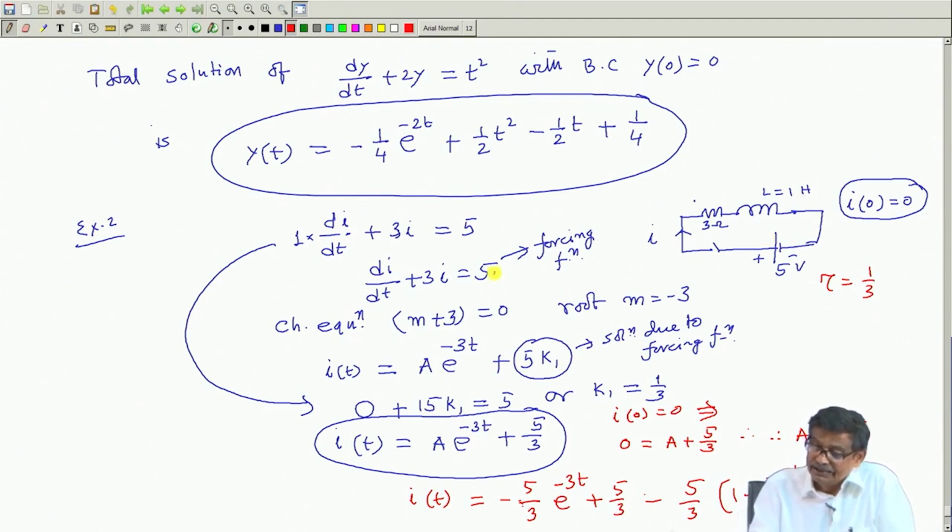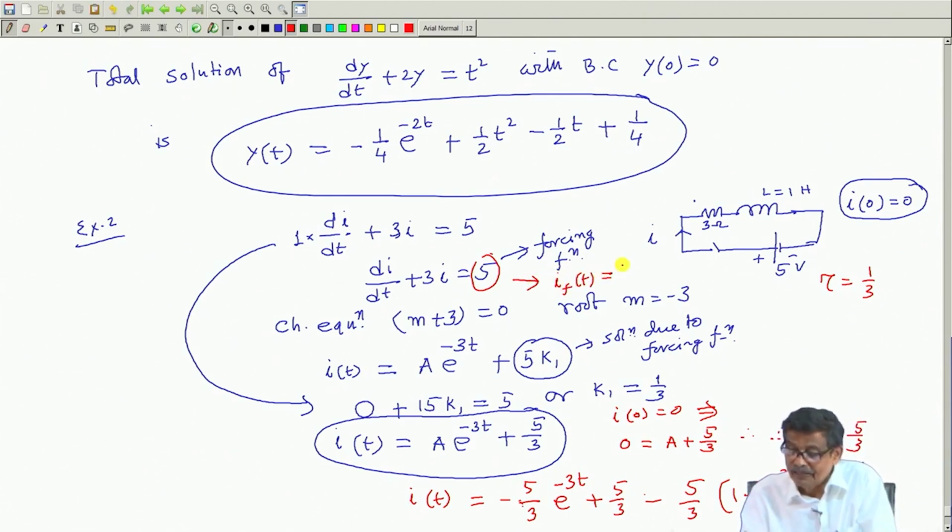If the right hand side is constant, the solution due to forcing function is obtained by suppressing the di/dt term, and 5 by 3 will be the answer. Got the point? You suppress the di/dt term, then solve for I, it is 5 by 3. In one stroke I could also write that, but anyway this is the most general way.